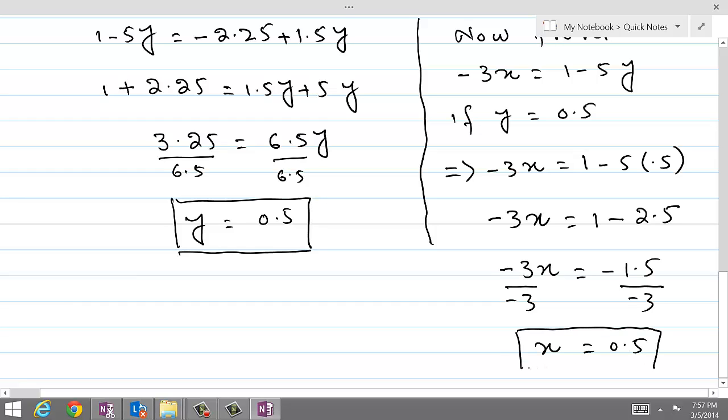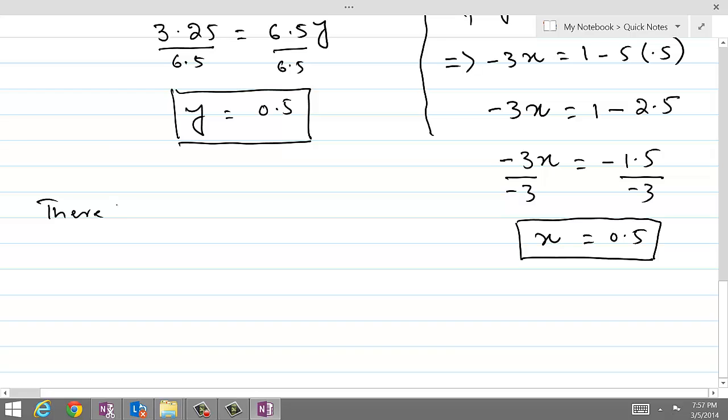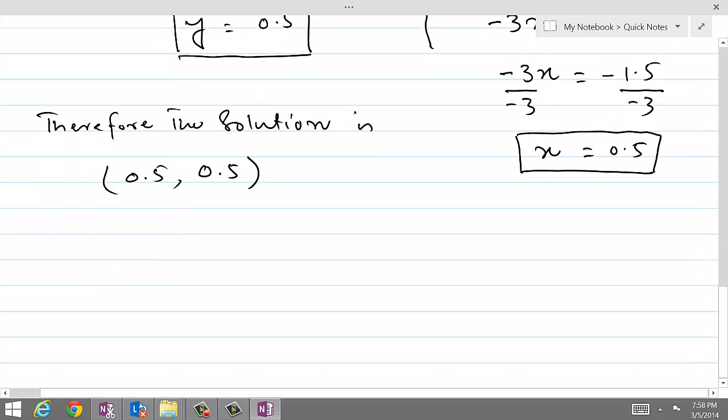So we got the value for x, which is 0.5, and the value for y, which is also 0.5. Therefore the solution is (x, y) equals (0.5, 0.5).